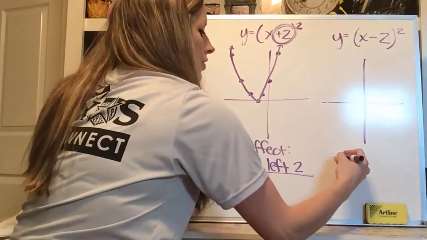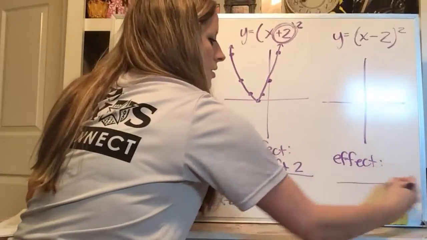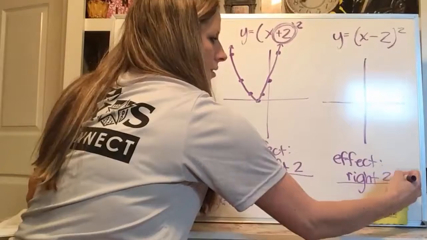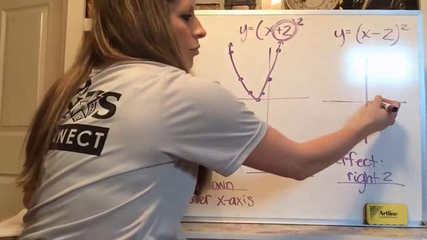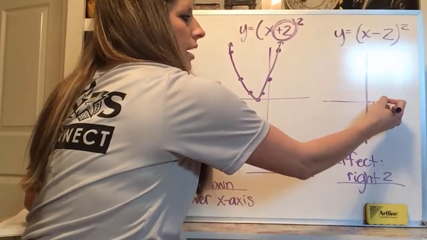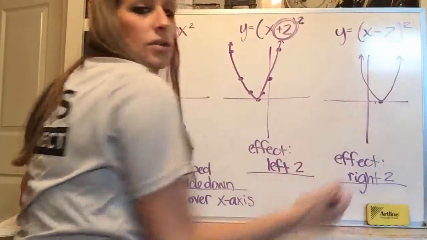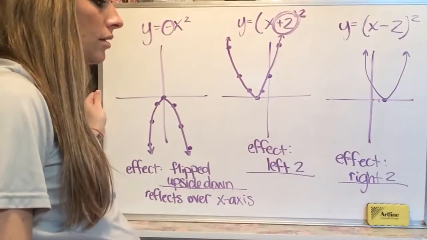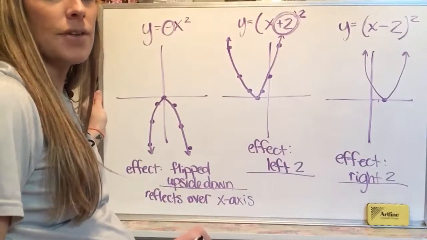Okay. It's going to move it to the right 2. So let's not worry about the calculator on this one. Let's just take our parabola that's normally at the origin, that vertex, and move it to the right 2 this time. So it's going to look something like that. Okay? So if it's inside the parentheses, it's going to move it left or right.